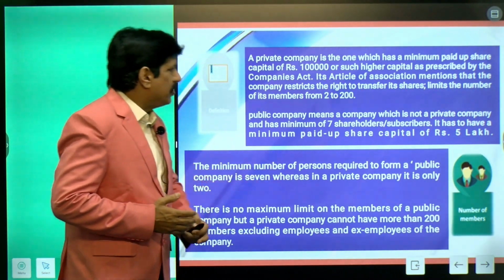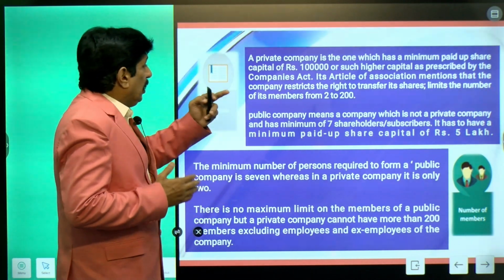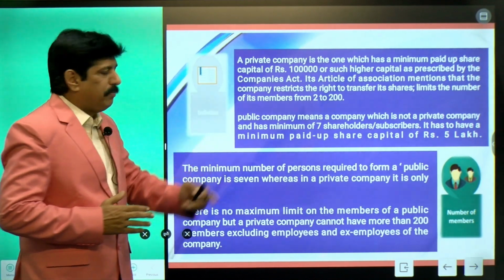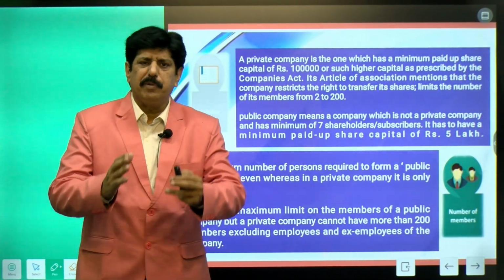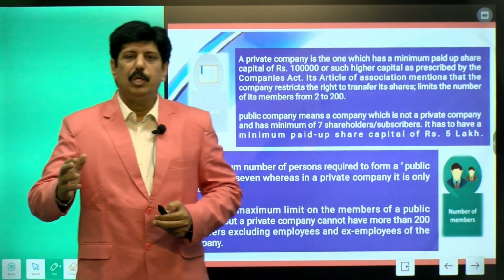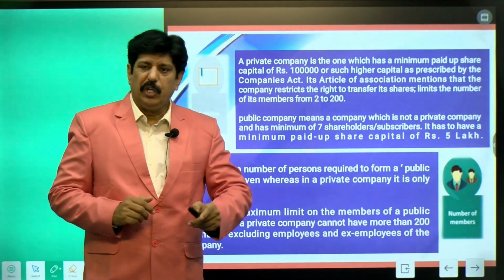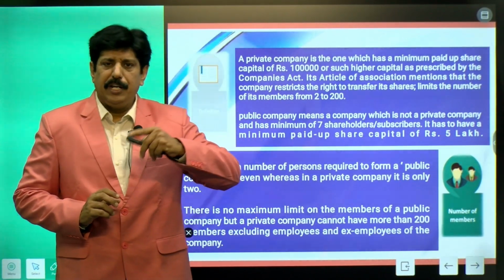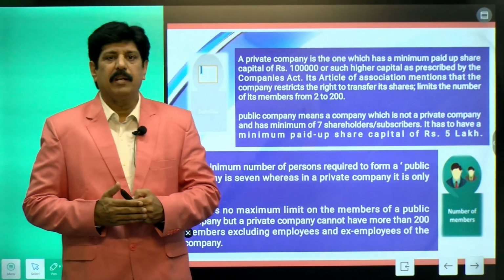Its articles of association mention that the company restricts the right to transfer its shares and limits the number of its members from 2 to 200. 2 to 200 means minimum 2 members and maximum 200 members. In this given definition, you can easily identify certain characteristics. From the capital point of view, minimum 1 lakh paid up share capital is there.